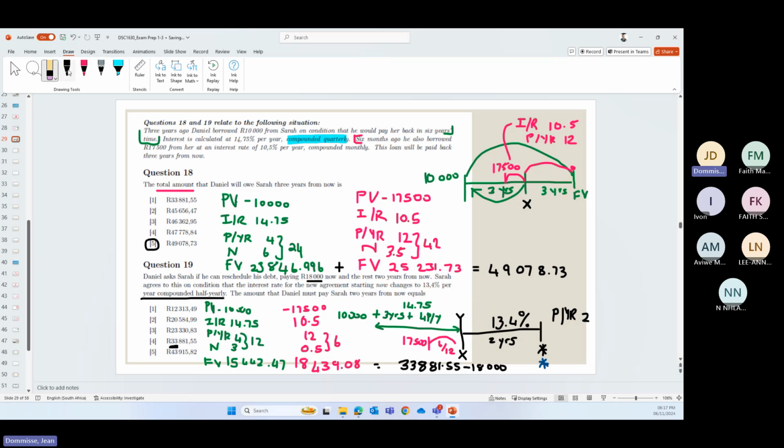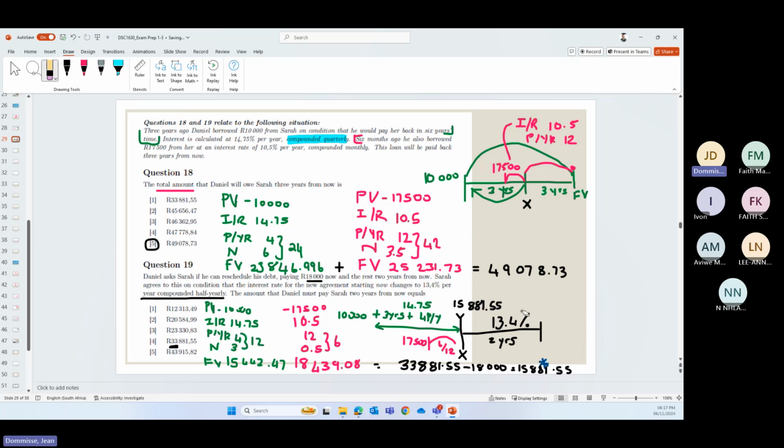So our new value that we are looking at this point is the 33,881.55 minus 18,000, which is 15,881.55. So that is basically the amount that we now need to work with.